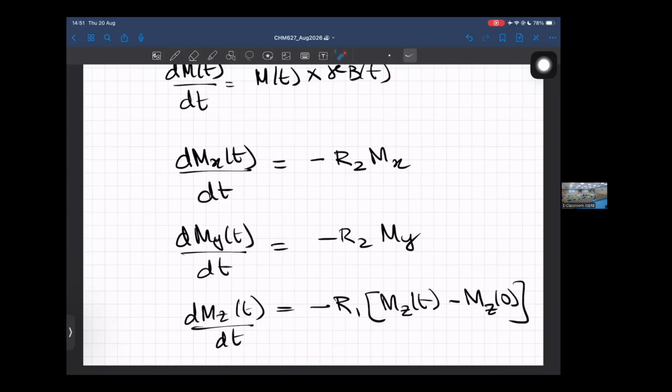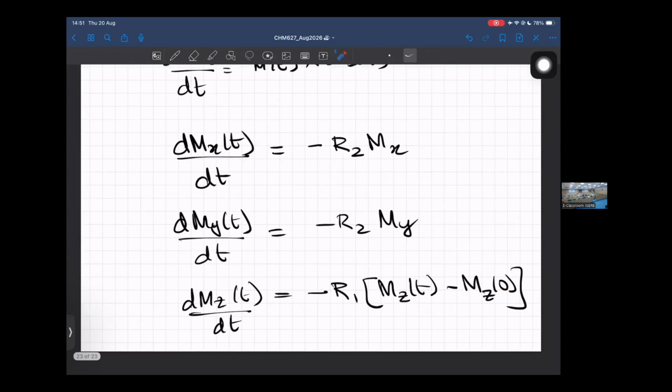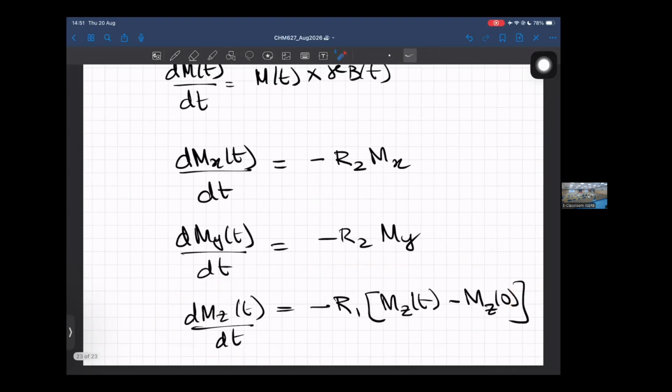Many times while I talk, I make a mistake, so I don't want to propagate an error. Yeah, for a change, I wrote it correctly. Okay, the textbook says this is M naught, but not always do you start with thermal equilibrium. There are cases where you quickly go away from thermal equilibrium. So therefore, this is a recovery of longitudinal magnetization, while this is loss of transverse magnetization.